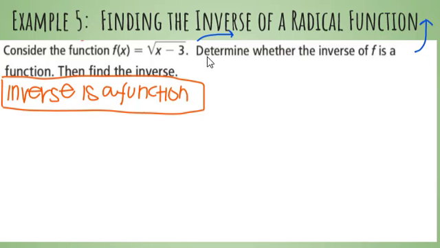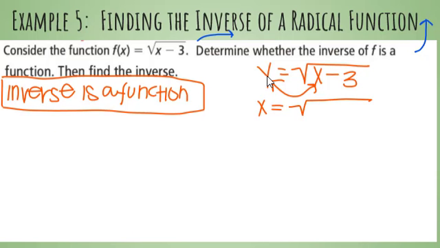So now we're going to go ahead and work on finding the inverse. So we have y equals the square root of x minus 3. And we're going to swap the x and the y. So we have x equals the square root of y minus 3. And we want to work on solving this for y. To get rid of the square root, we need to square both sides.